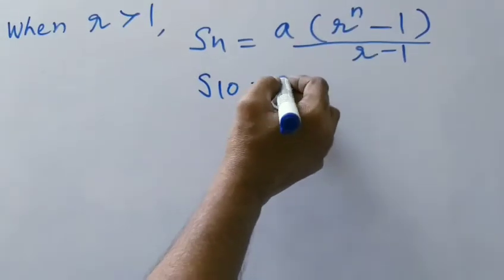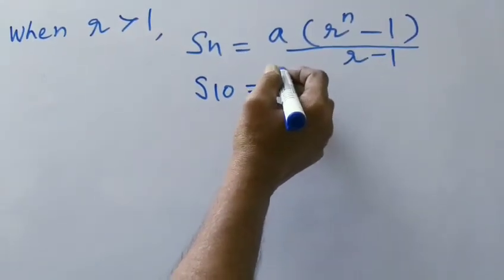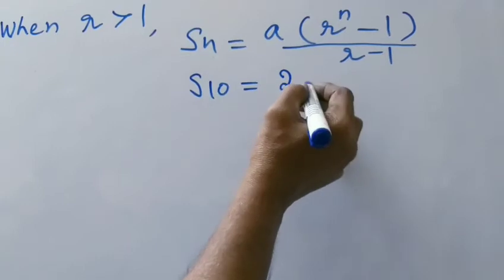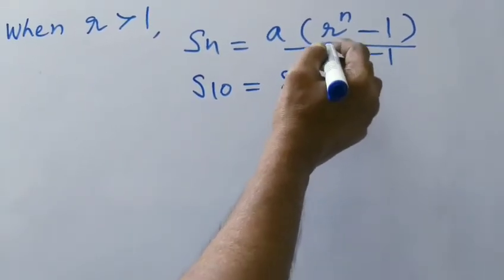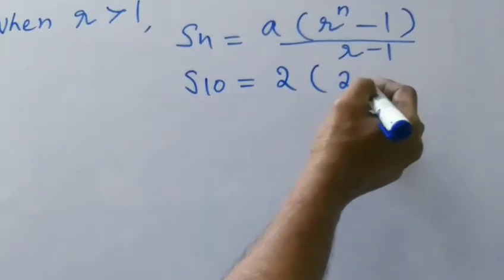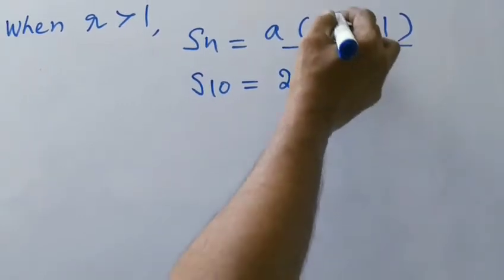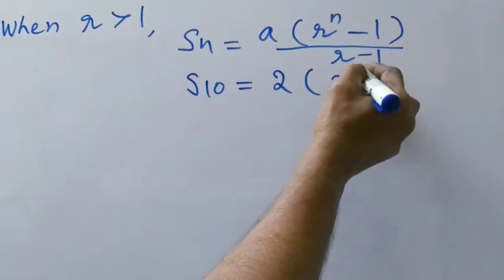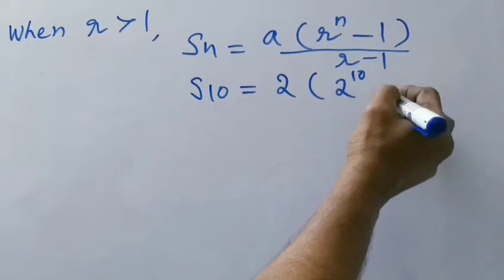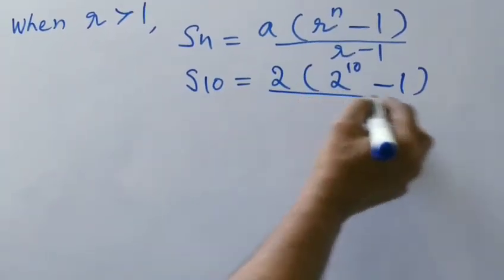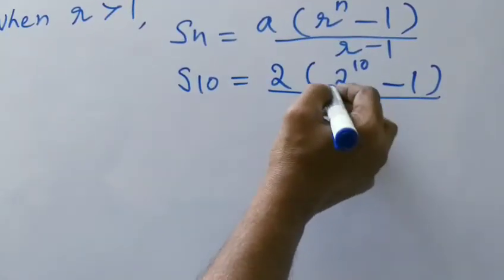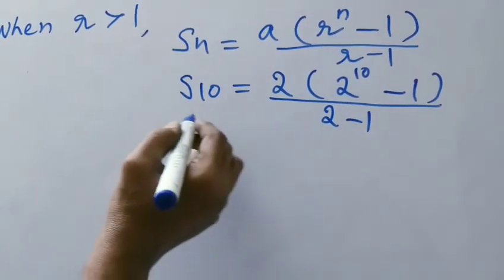S10 is equal to, the first term A value is 2 and the common ratio R value is also 2, so 2 times (2 to the power of 10 minus 1) divided by (2 minus 1).